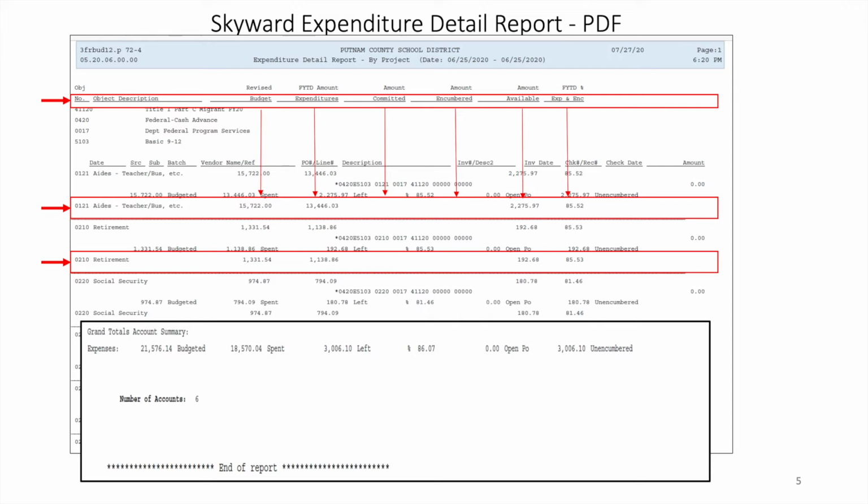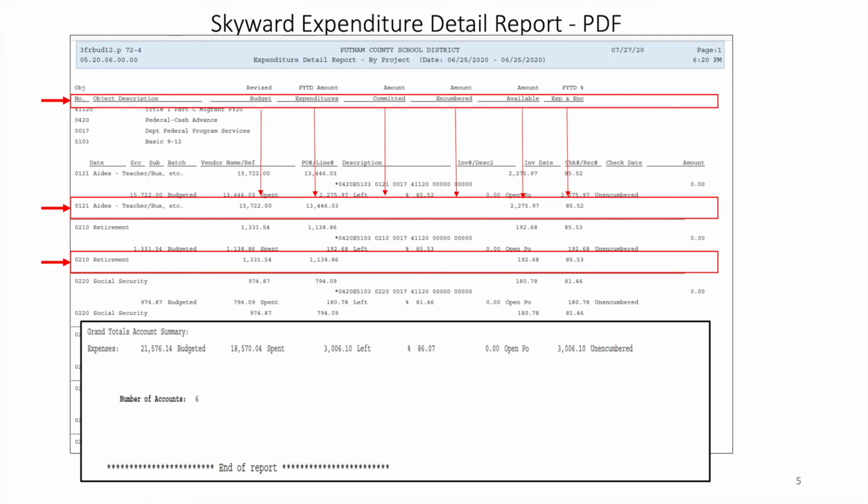The third arrow just shows another object in this grant, and this is Object 210 Retirement, beginning balance $1,331.54, and then reading across to the right, fiscal year amount spent $1,138.86, and the remaining amount available is $192.68.